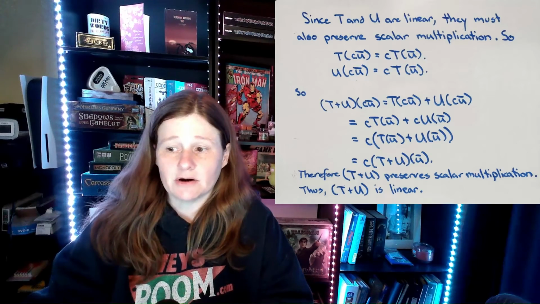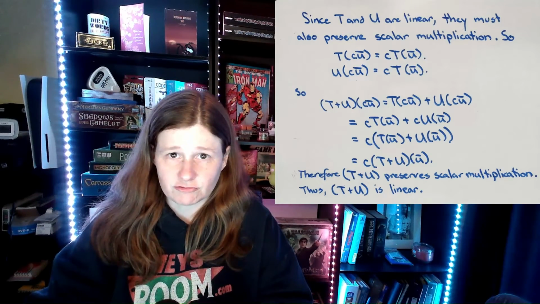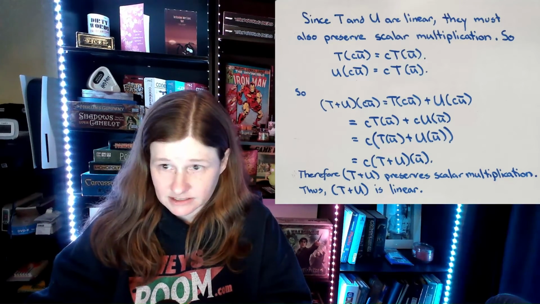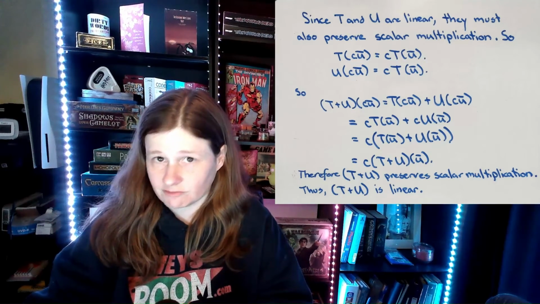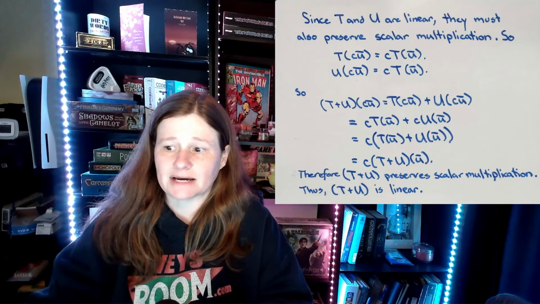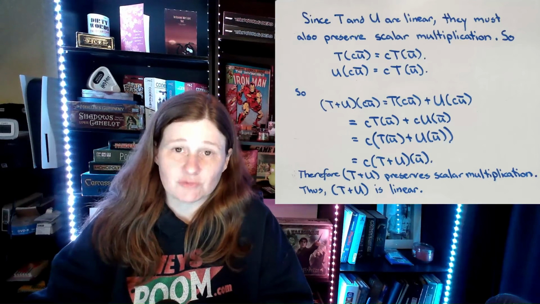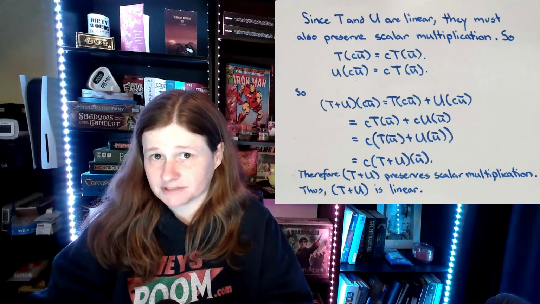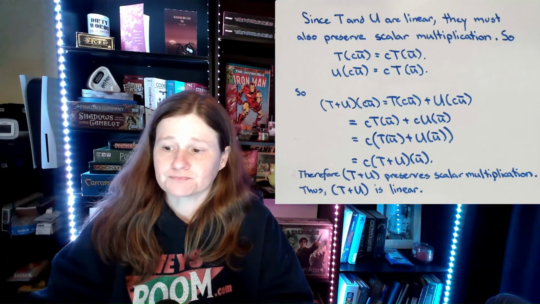And since our definition of T plus U was given to us as T of the vector u plus U of the vector u, we can substitute that back in. And now we have what we're looking for to prove that scalar multiplication is preserved.